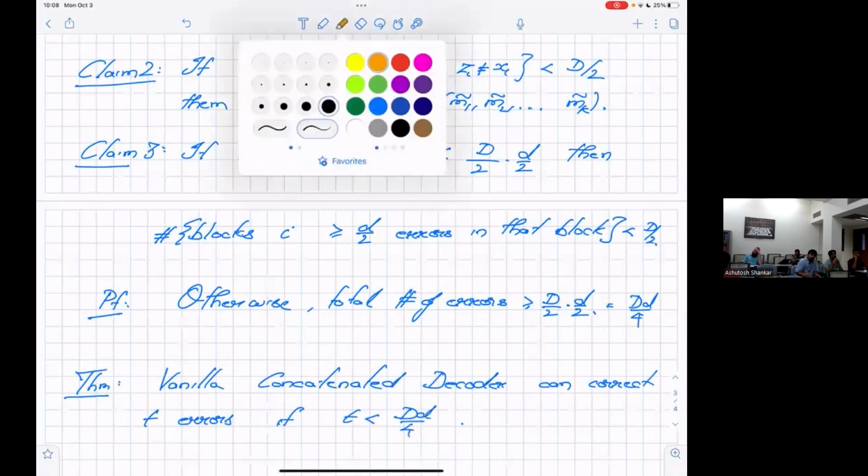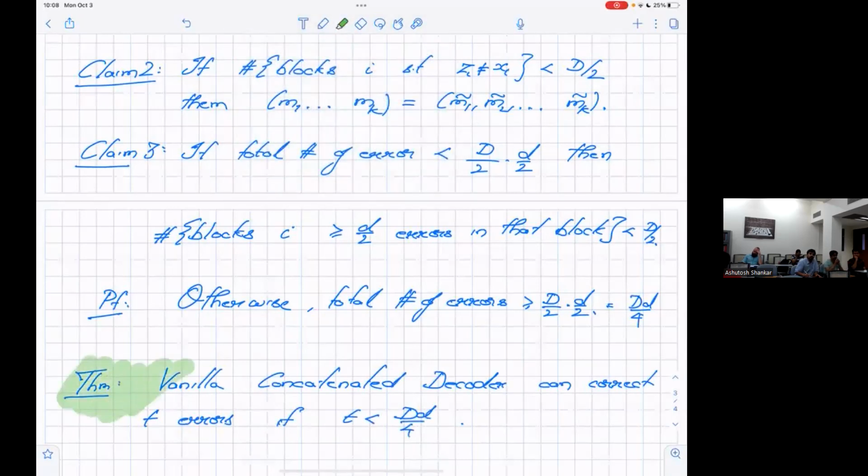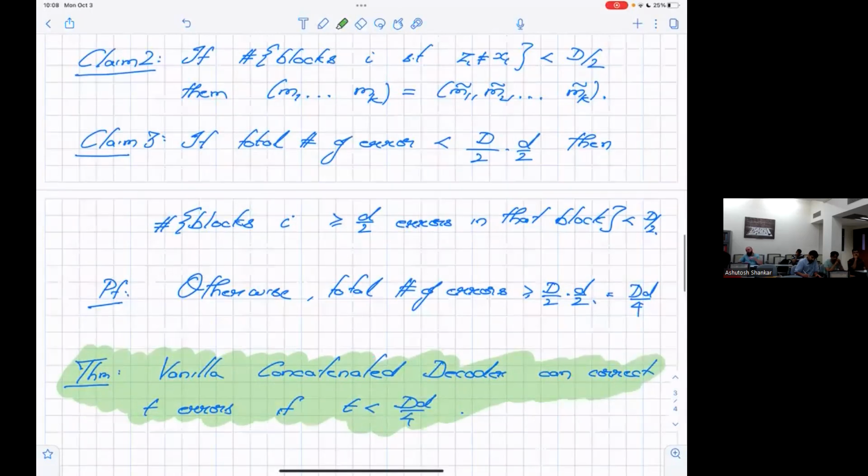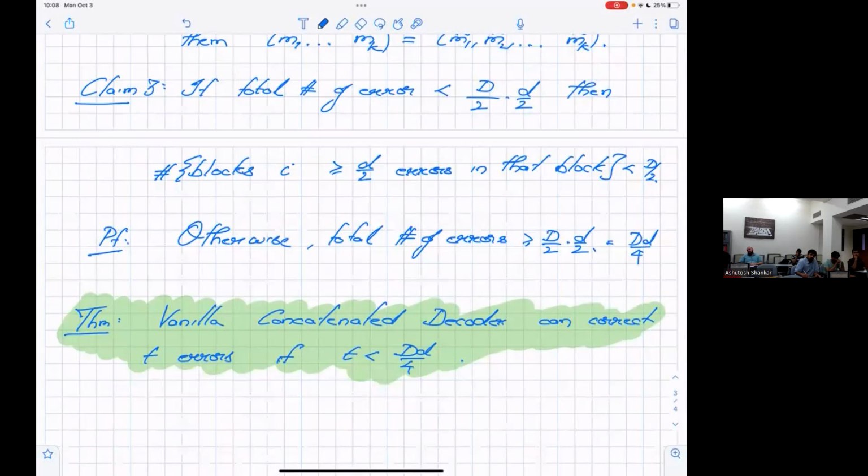That's the final conclusion we have. Okay, so that's the vanilla decoder, and that does so much.